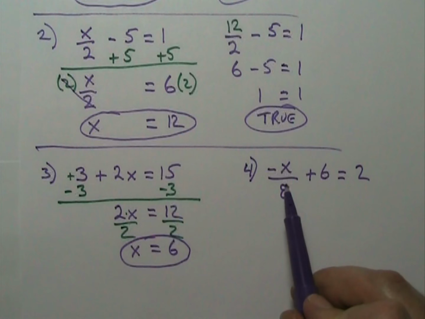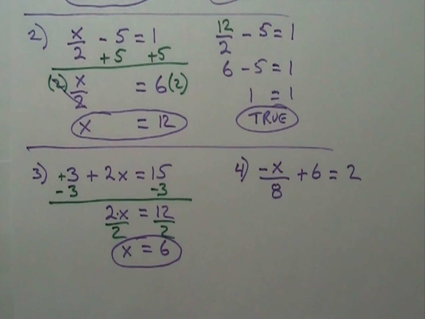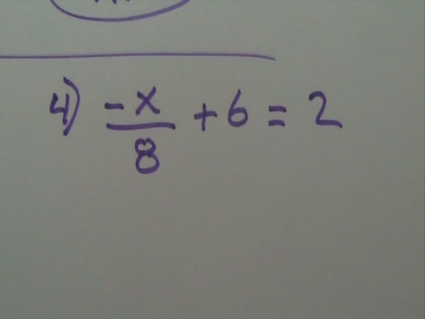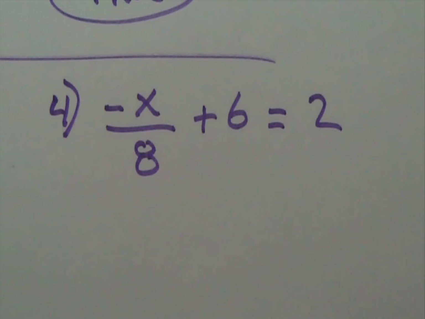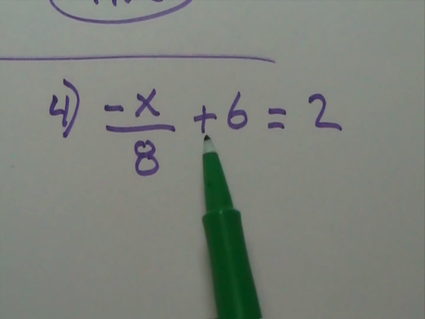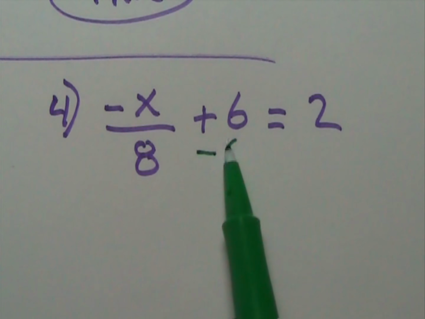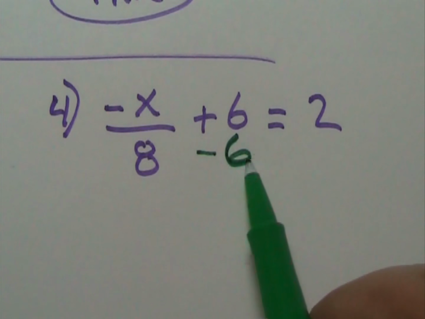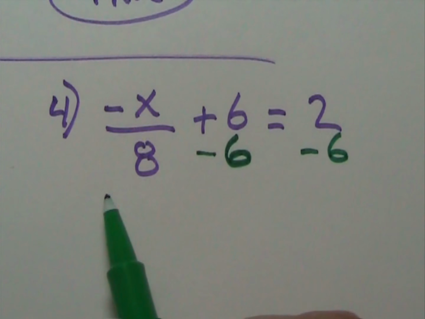Okay, number 4, our last example. So let's see, we want to do any adding or subtracting first. So to get rid of the plus 6, I will subtract 6 from both sides.